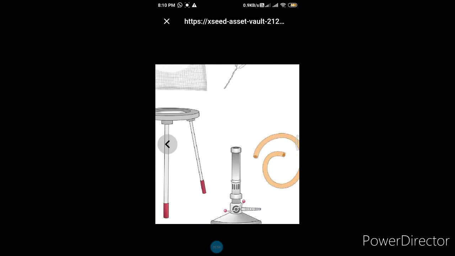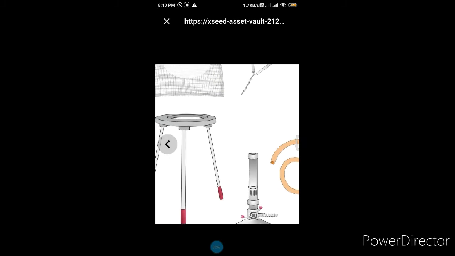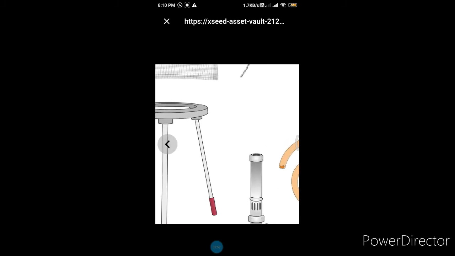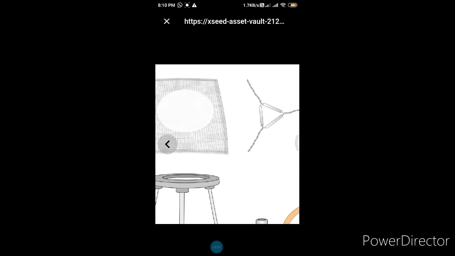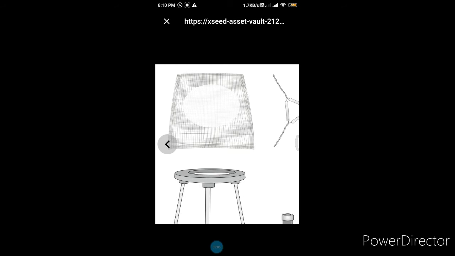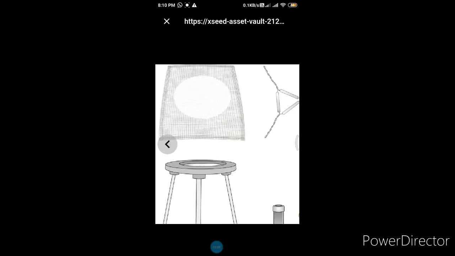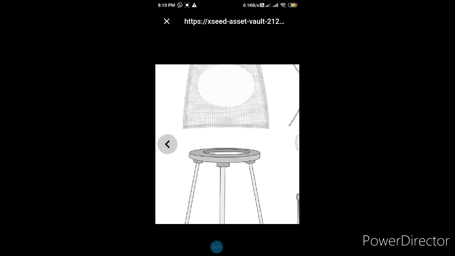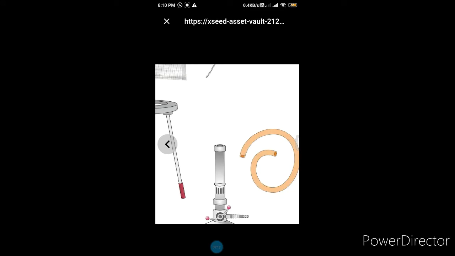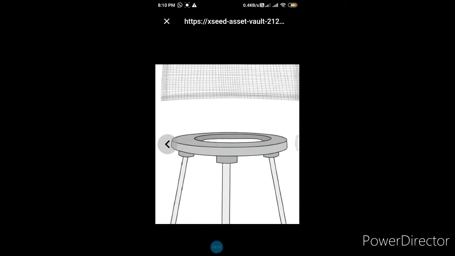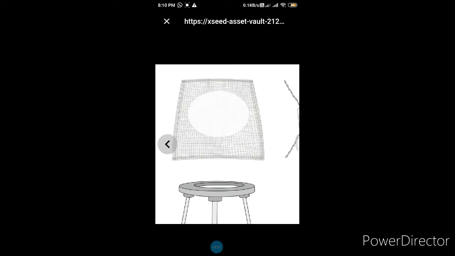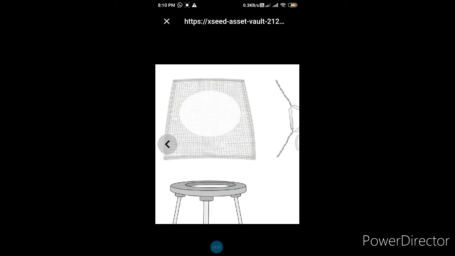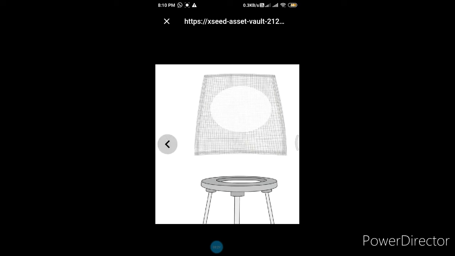a Bunsen burner, which has a connection with the gas, and a tripod stand. This is a tripod stand, a Bunsen burner, a tripod stand, and a wire gauze. This is called a wire gauze. When our school starts physically, all these materials are available in our lab.